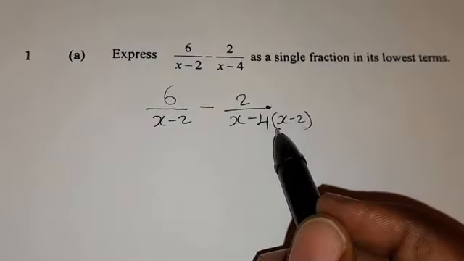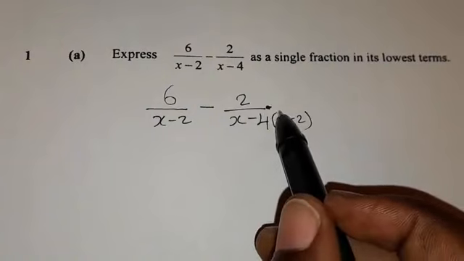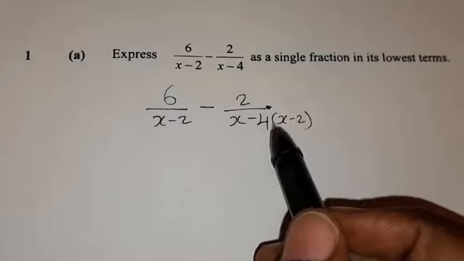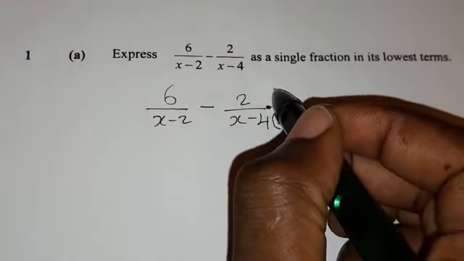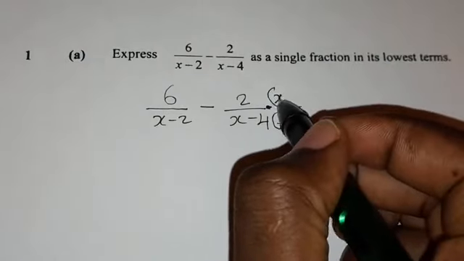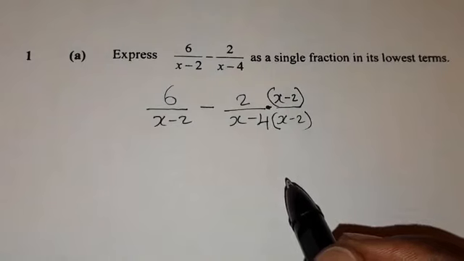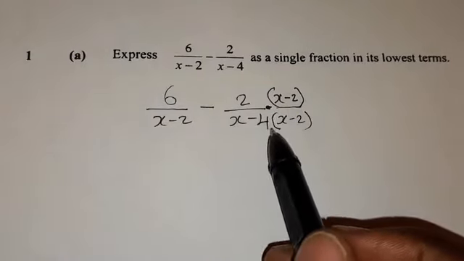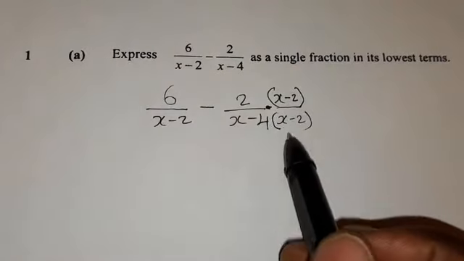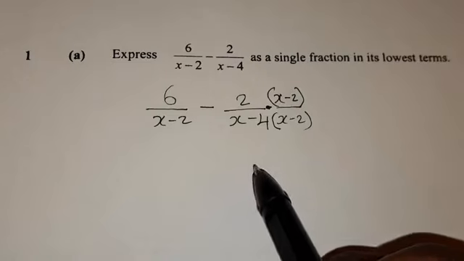Because we are using the concept of equivalent fractions, what we have done on the denominator of this second fraction, we also do on the numerator. So this also is multiplied on top, so that the value of the fraction remains the same. If this and that cancel, you still remain with your original fraction.